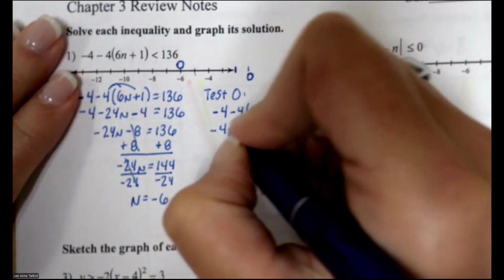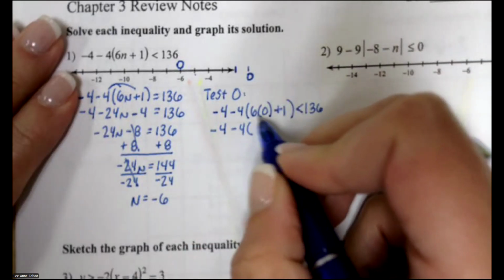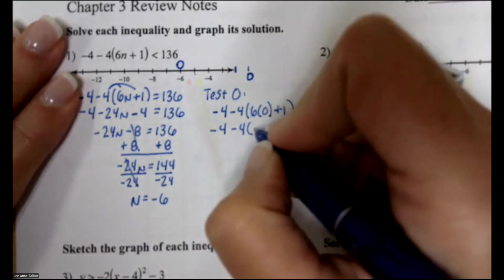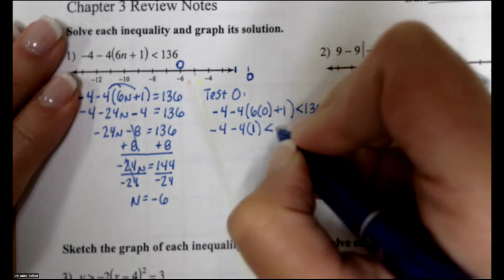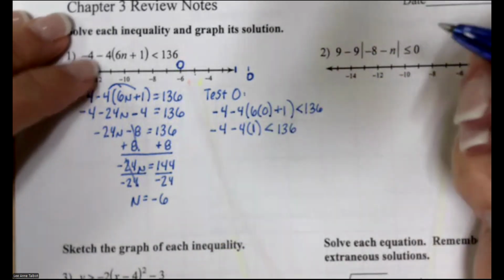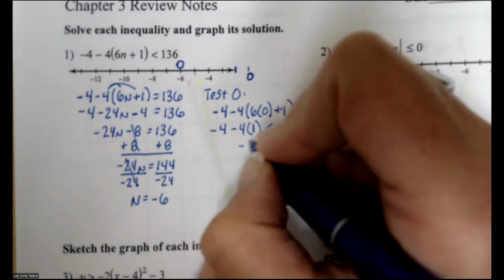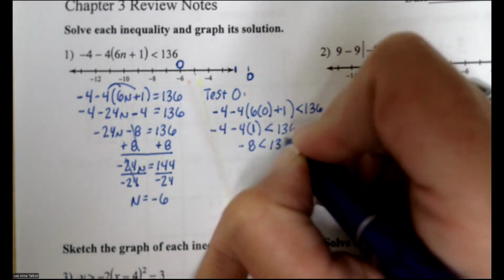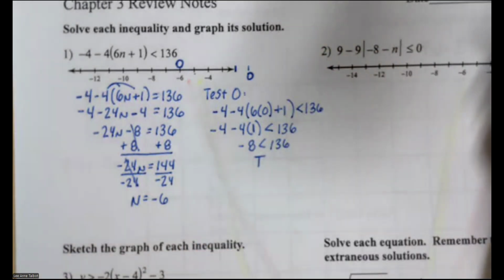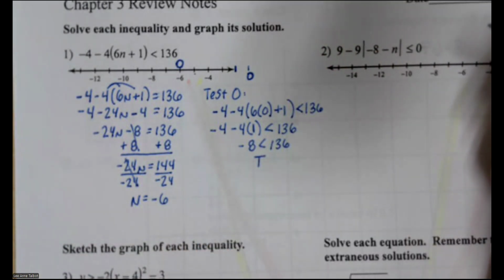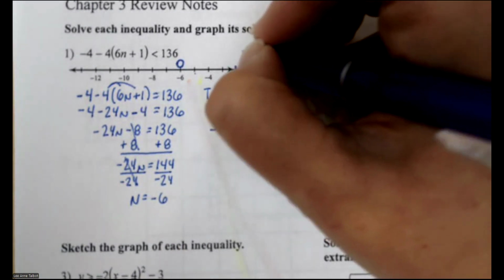So -4 minus 4. 6 times 0 is 0 plus 1 is 1. I don't know that I even need to keep going. Whatever this is, it's definitely less than 136. Okay.